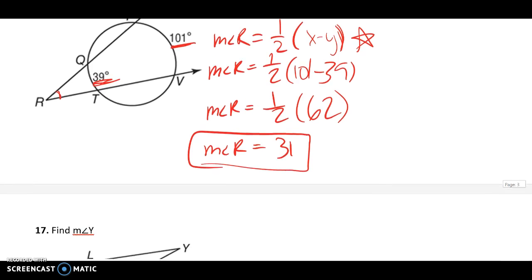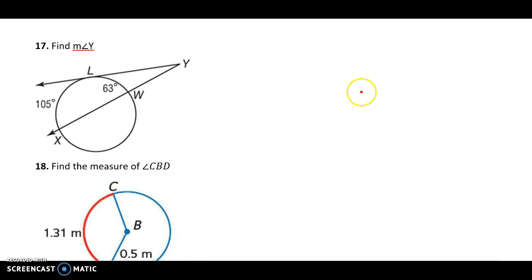And then we got one more like that. So let's go ahead and rock and roll on that one while we're talking about them. So again, we got this guy, this measure of angle Y is what they want. Y is one of those angles on the outside of the circle, right? Creates those two arcs. So we know our formula is going to be measure of angle Y equals 1/2, again, the difference of these guys.